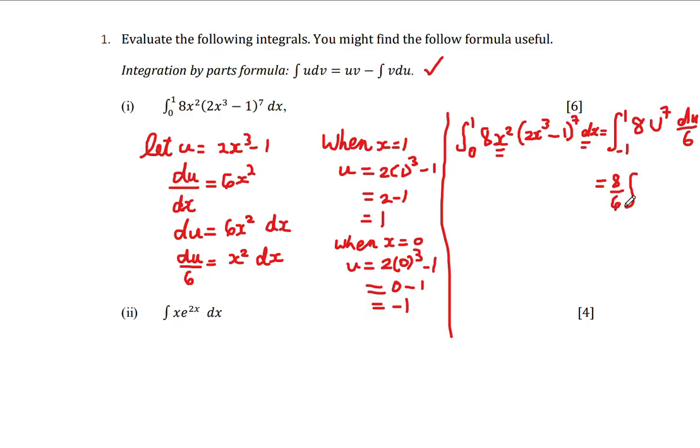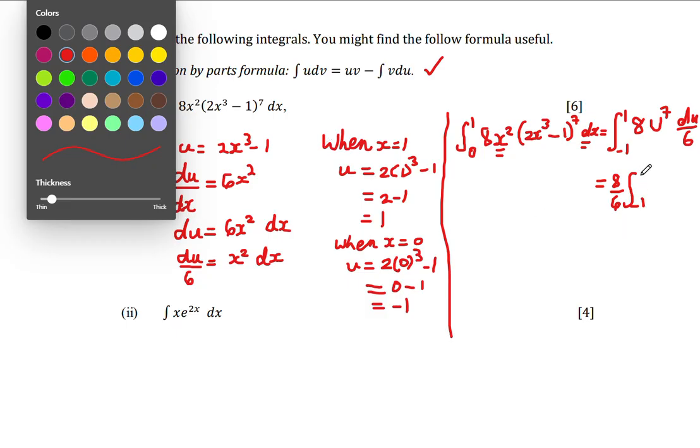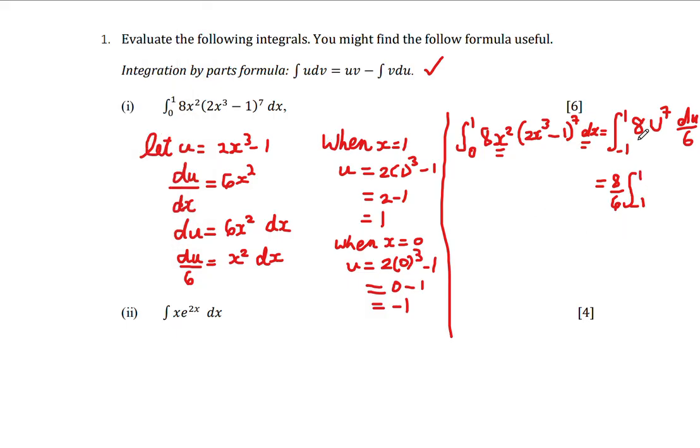The integration limits here are negative 1 and 1. So we pull out the 8 upon 6, and that will be multiplied by the integral of u raised to the 7th power with respect to u, which is what the du means.